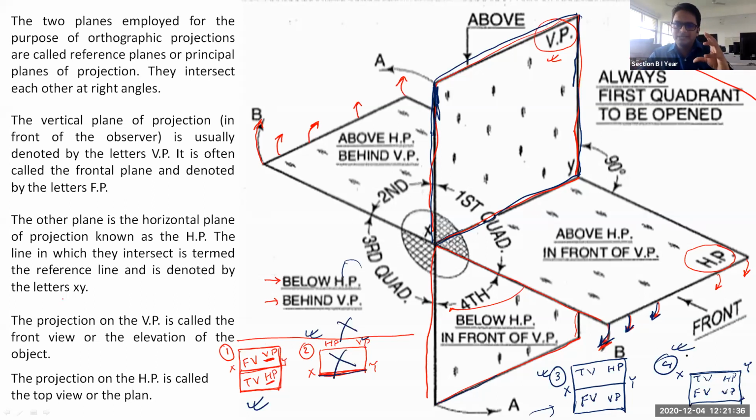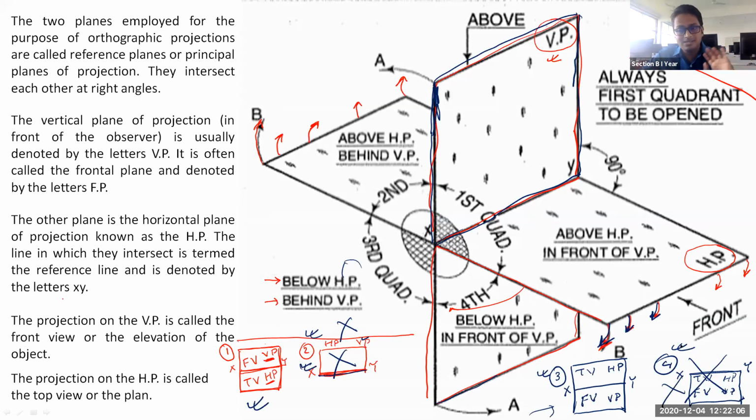When the object is kept in second quadrant or fourth quadrant, it is not studied, because for point and line it is fine. But when you keep any object, then it will be very clumsy. Top view and front view both will be above your reference line. All will be intersecting each other. So that's why we will not study this second quadrant and fourth quadrant.